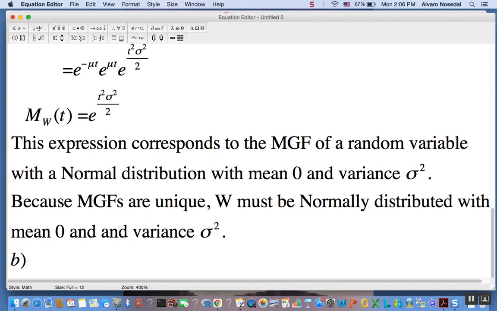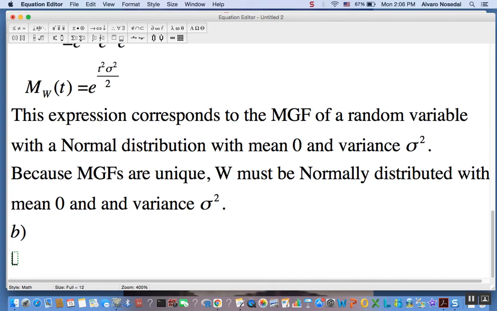For part B, just recall that if you take the first derivative of the MGF with respect to t and evaluate it at 0, then you end up with the expected value, right? So let me just remind you of that.